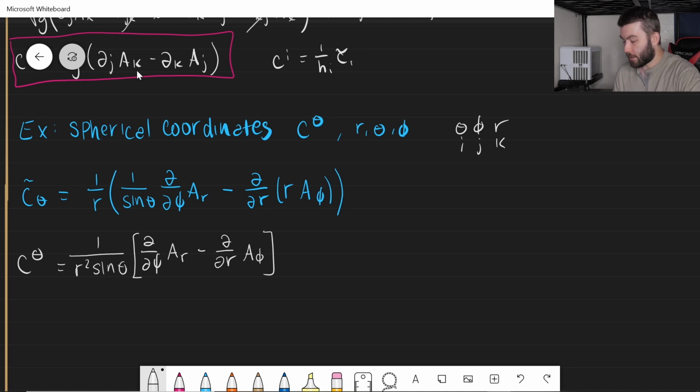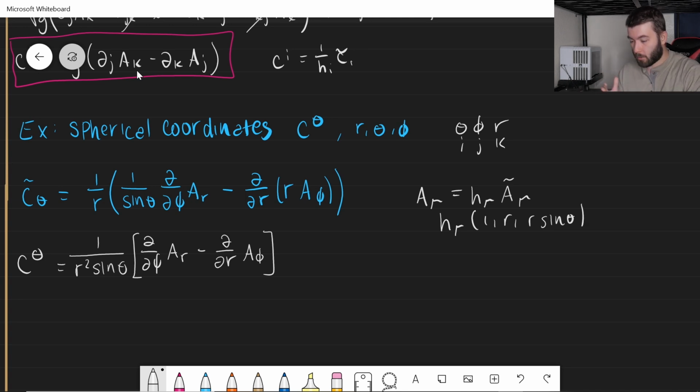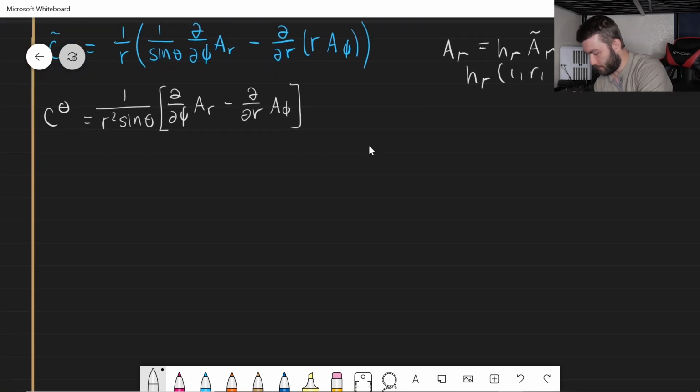Okay. Now let's do the conversion from covariant to ordinary vectors. So we know A mu, where that's a covariant vector, is equal to h mu times the ordinary vector. And in spherical coordinates, h mu is 1, r, r sine theta, which is the square root of those metric terms. So we can express this in terms of the ordinary vectors.